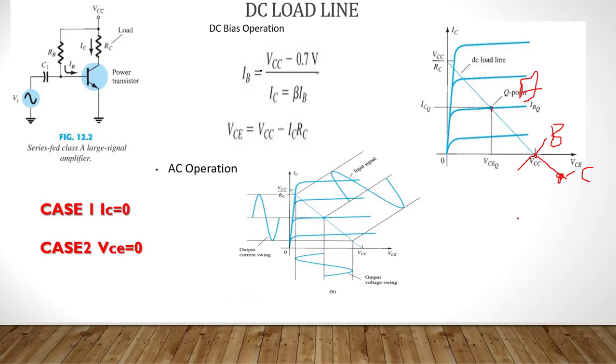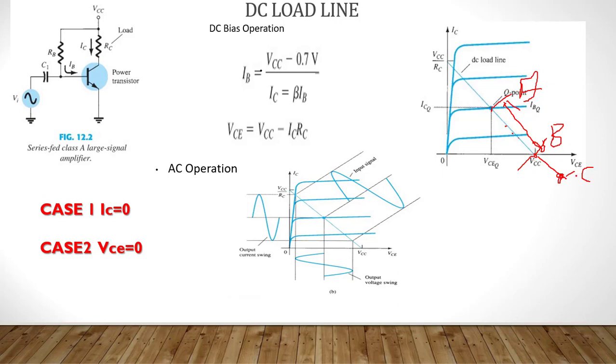What may class AB be? Class AB is nothing but in between these two, anywhere from the middle to 0. It may be here, here or here, any point. This is called class AB. In total we have 4 types of power amplifier. Class A means your Q point is in the middle. Class B means your Q point is at IC 0 and VCE maximum point.